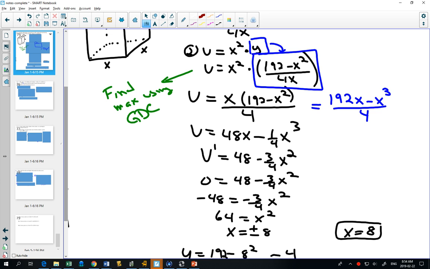Look how much algebra that saves you. And you have to say, I need to get good at my calculator so that doing this on my calculator is faster than all that algebra. Because if you have a calculator question on your exam and you have the ability to use your calculator, they want you to make that decision, what is faster to do?